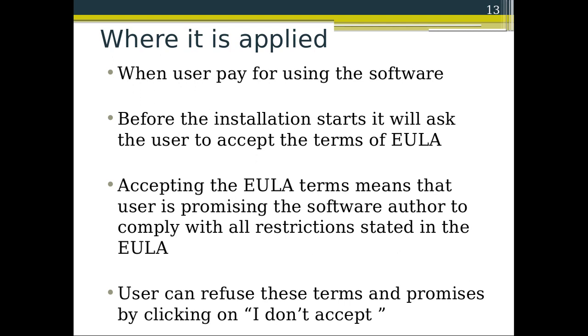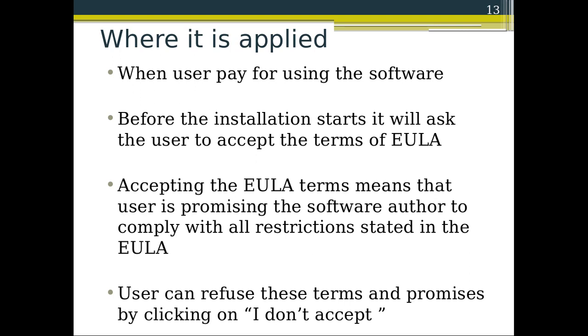For example, do not copy that software, do not give this software to another person, do not distribute this software. You have to comply. Clicking OK or clicking yes to use that software means that the user is complying.